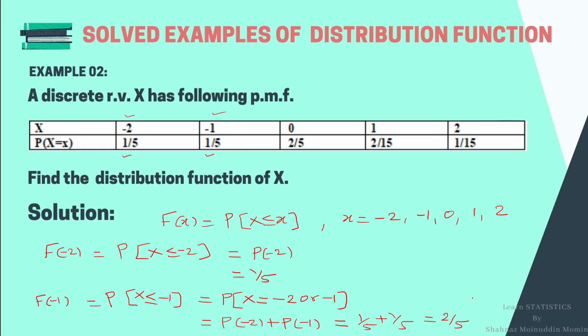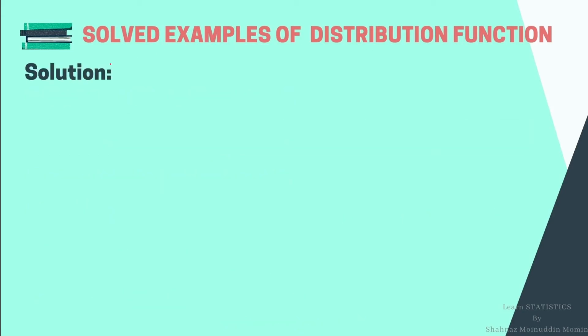Next one is CDF at x equal to 0. F0 equal to probability x less than or equal to 0, which is equal to probability x equal to -2 or -1 or 0.